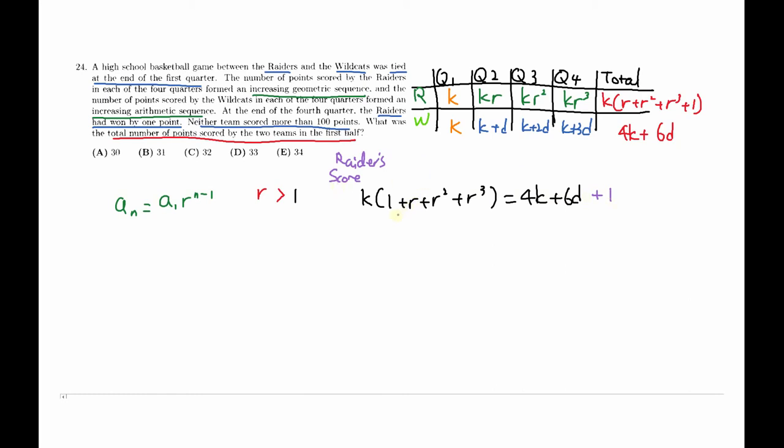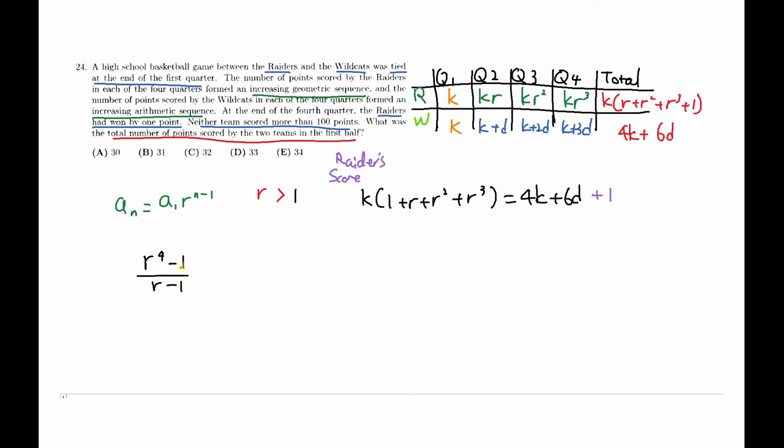Now if you're familiar with 1 plus r plus r squared plus r cubed, you also notice it can be simplified as (r to the 4th minus 1) over (r minus 1). If you didn't get that, that's okay.